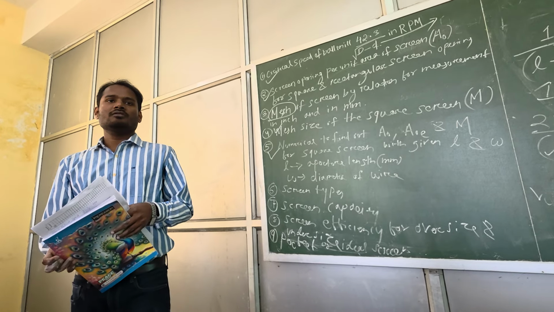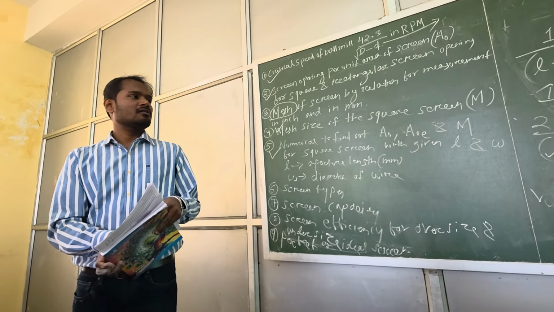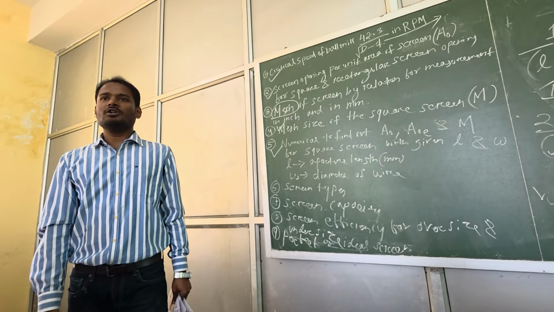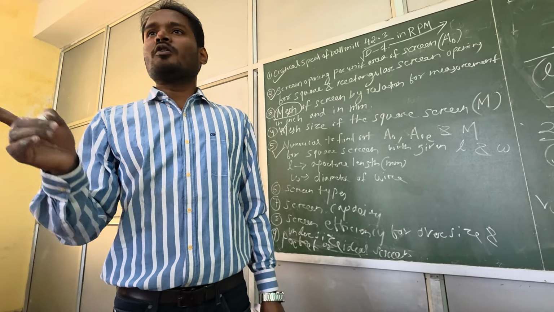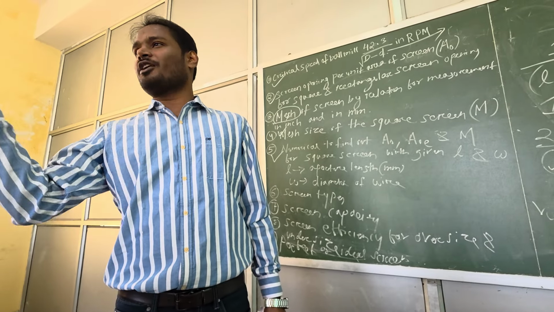So these are the three things you need to find. Now you can use the formula. It is given that it is a square screen. It doesn't matter whether it is copper or steel or whatever.